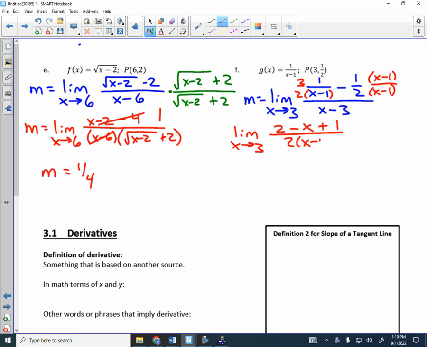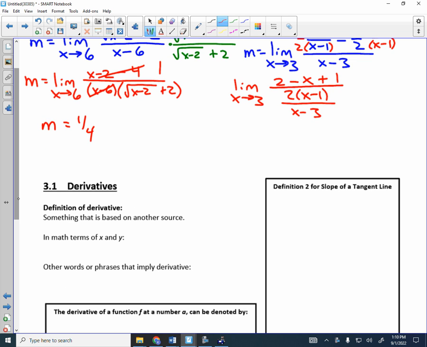2 times x minus 1 over x minus 3. So we're almost done with this guy, and we can trust that, like we said, 0 over 0 always works out for us. The limit as x goes to 3 of, what's in the top? 3 minus x over 2 times x minus 1.